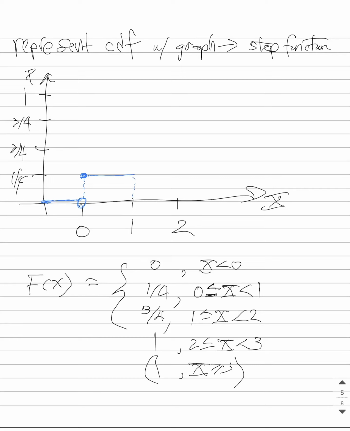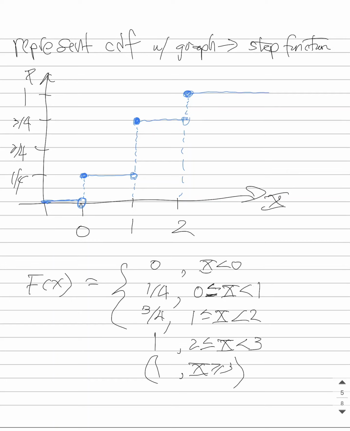As soon as you get to a 1, you have to have an open circle, and then your vacuum cleaner jumps up and has sucked up the probability in the next outcome, which was a half. And then once you get to 2, you've hit the final outcome, so your probability jumps up and it sucks up the final amount of probability that's left, and you just go from there.